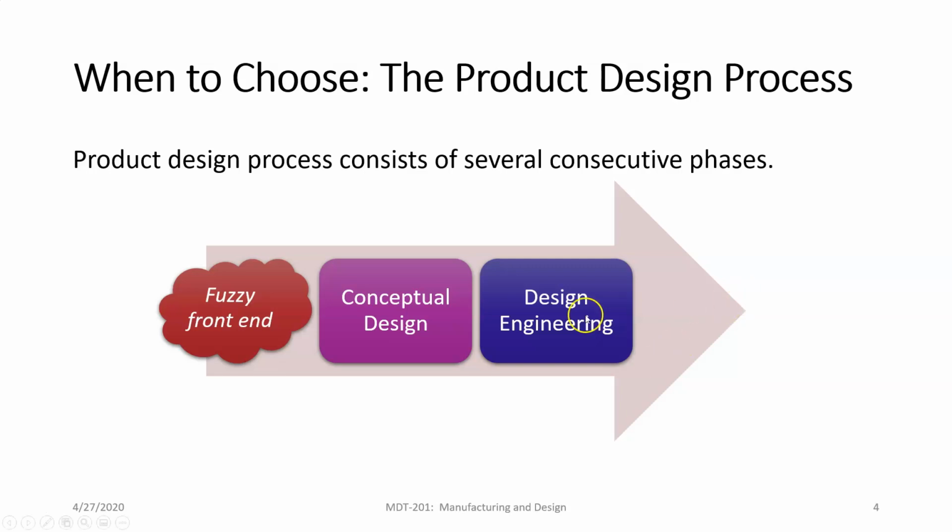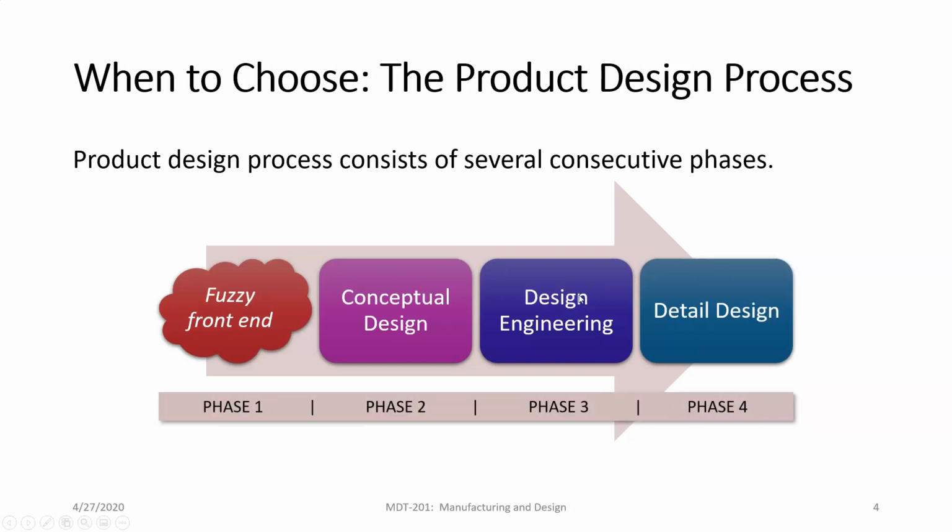Now, there's still feedback here, so things could change if we reach a roadblock or something crops up that we didn't count on before. But generally speaking, at the design engineering stage, we're actually designing the product, working out all the bells and whistles and details here.